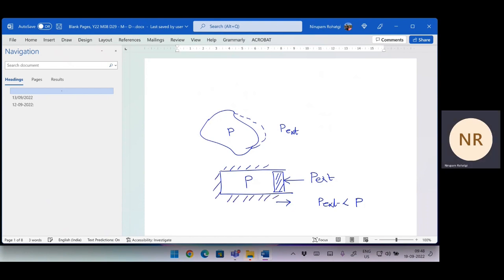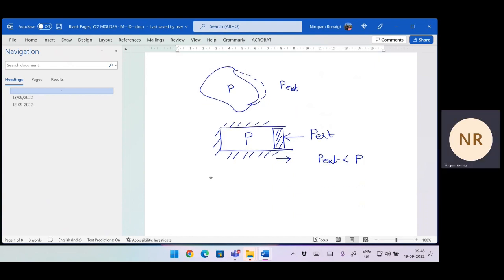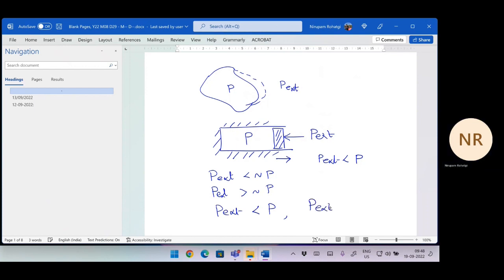Now what will happen is, there are three possibilities. The possibilities are P external is less than and very nearly equal to P. P external is greater than or very nearly equal to P. And then there is P external is less than P or P external is greater than P. So four possibilities exist.